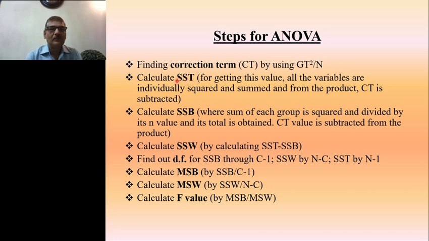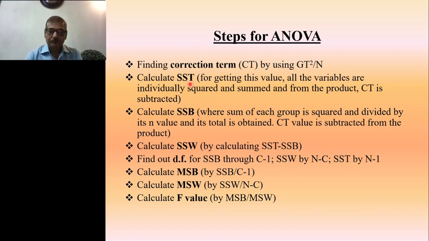Then the next step will be to calculate the SST, that is total sum of squares. For doing this, every variable will be squared. Means if x1 value is there, that value will be squared, plus x2 will be squared, plus x3 will be squared. So this way you will go on up to x14.